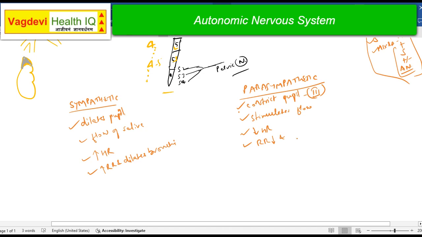Parasympathetic decreases the respiratory rate and constricts the bronchi. Now other things, what does sympathetic do? Through the solar plexus, it will inhibit the submucosal secretion and inhibit the movement, very popularly called peristaltic movement.